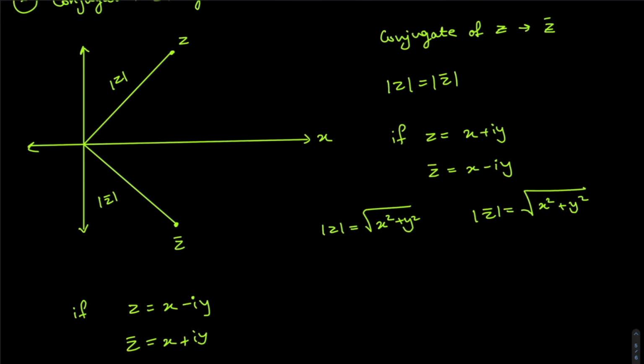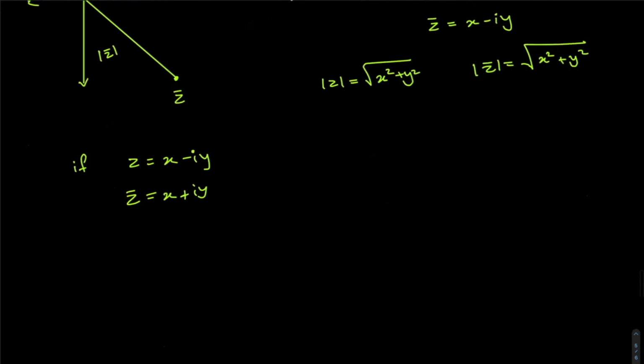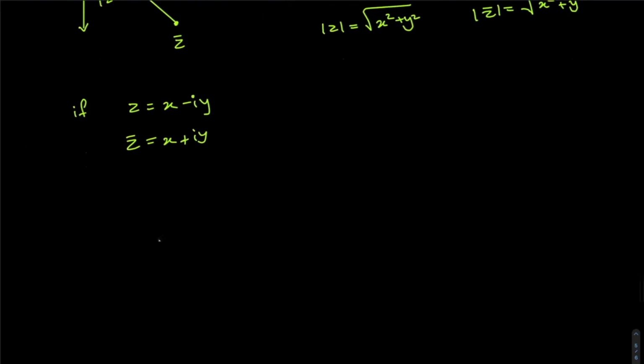Okay, so now let's do a simple, quick example. If we're given that z is equal to 5 minus 12i. Sorry, my bad. Let's make it a little bit more confusing.